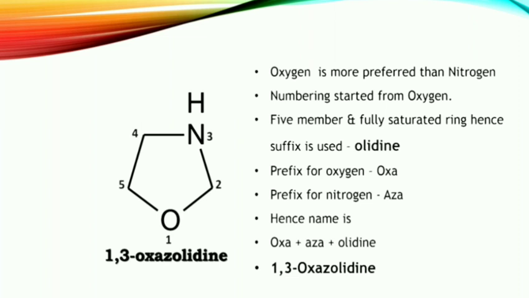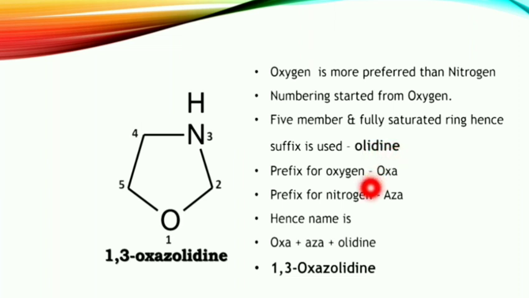From oxygen you give the numbering 1, 2, 3, 4, 5, so this is a 5-membered structure. This structure has no carbon-carbon double or multiple bonds, so it is saturated. Hence for a saturated ring structure we use the suffix -olidine.